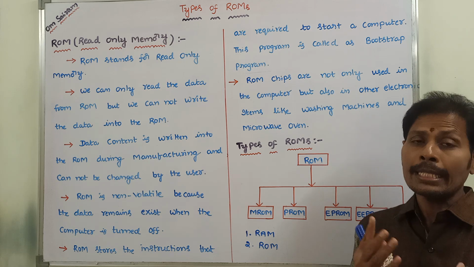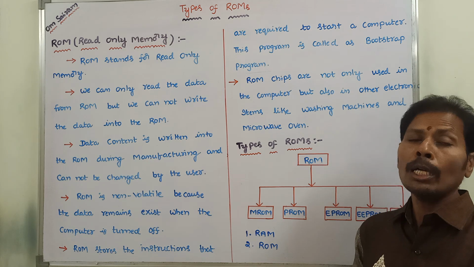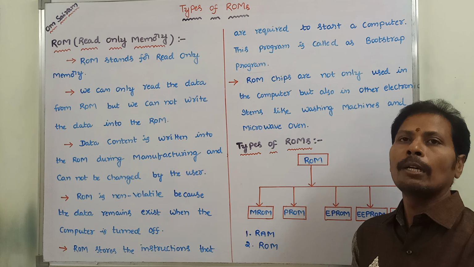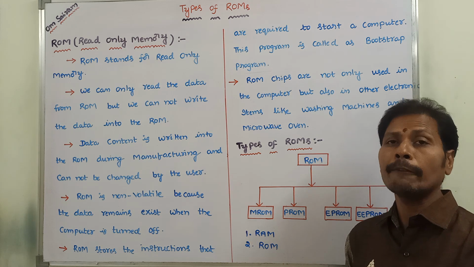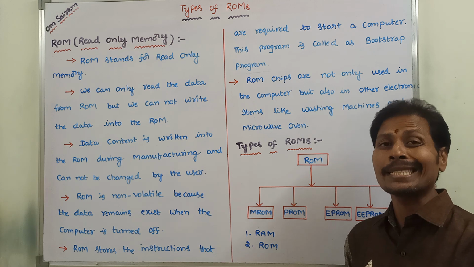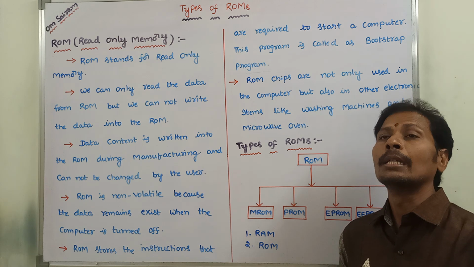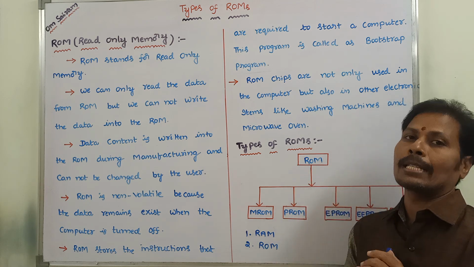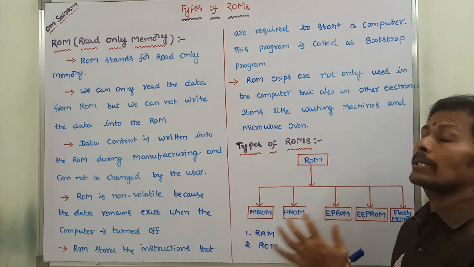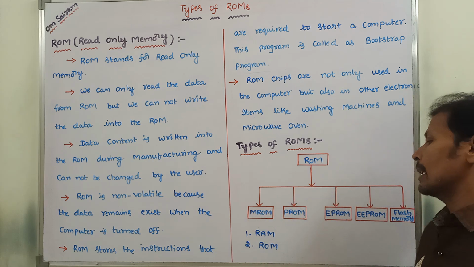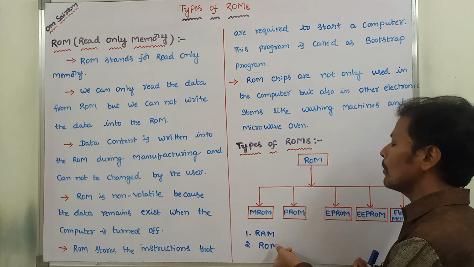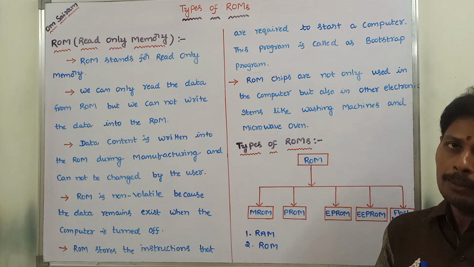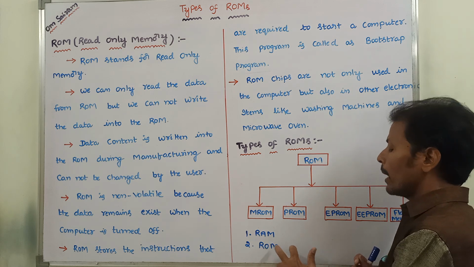What is non-volatile? Non-volatile means whenever the computer is turned off, whatever data is present within the computer continues to exist. That is called non-volatile. Here, RAM is volatile, whereas ROM is non-volatile.